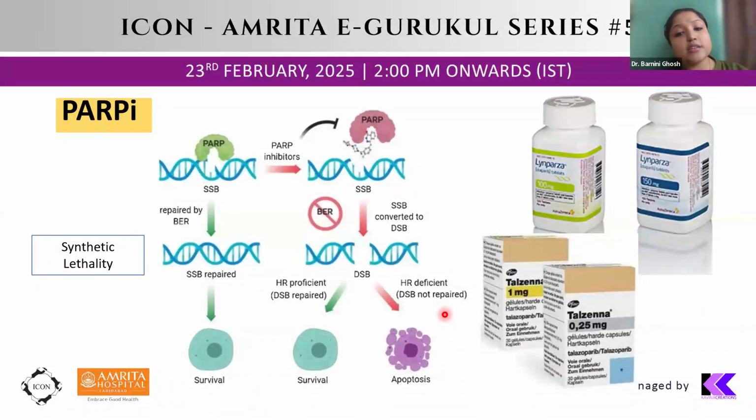Now we know that in a patient with baseline germline BRCA mutation or HRR deficiency, the double-stranded DNA break repairing mechanism is already hampered. So along with that, these single-stranded breaks, combined together, are lethal for the cell and lead to apoptosis. This is the concept of synthetic lethality that we say for PARP inhibitors.